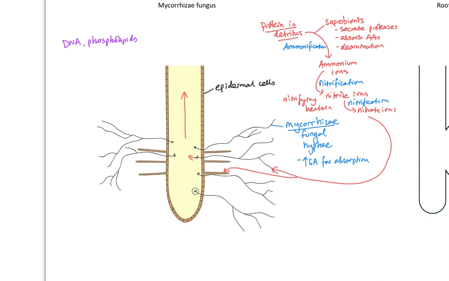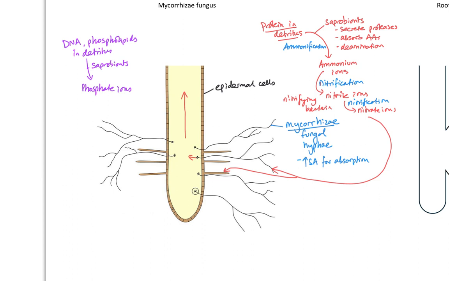Both of these are in detritus, and these are fed on, and then we're going to release the phosphate ions. And this is carried out by the same ones again, the saprobionts. So the saprobionts are feeding on these, digesting them. We don't have to worry about what enzymes they use, but we're releasing these phosphate ions.